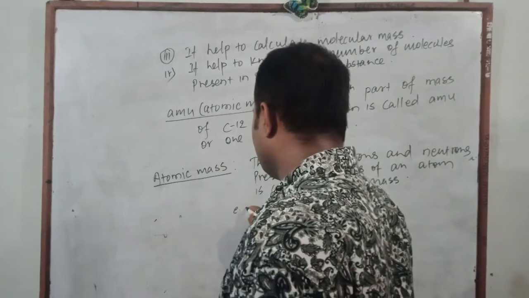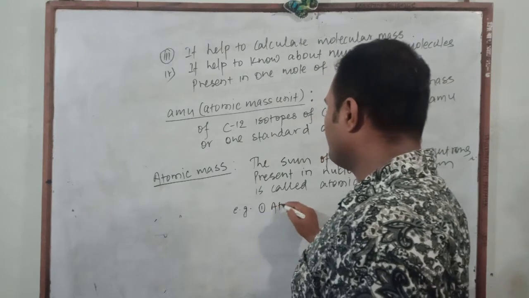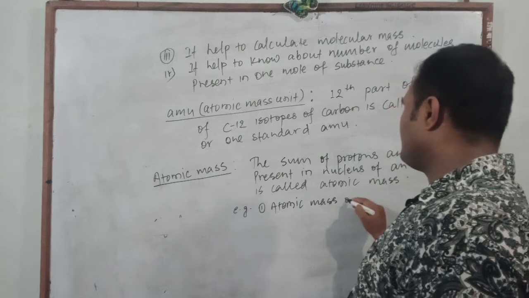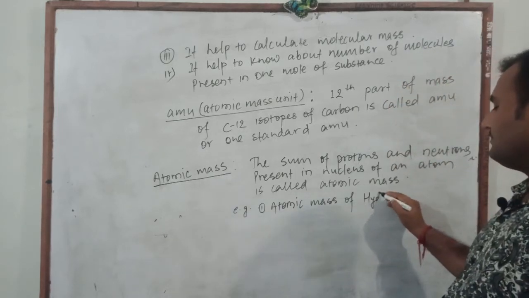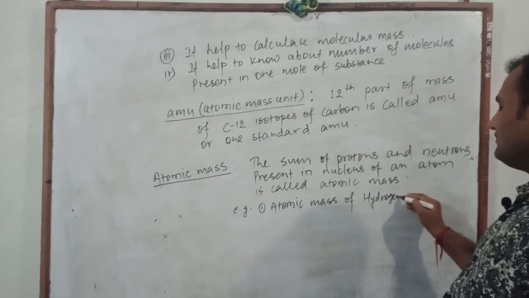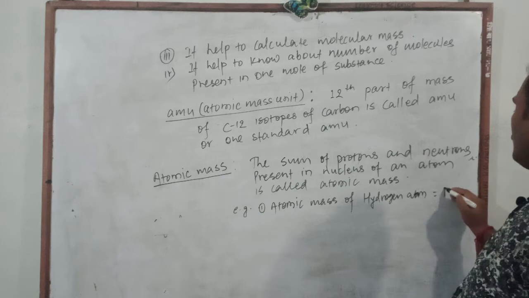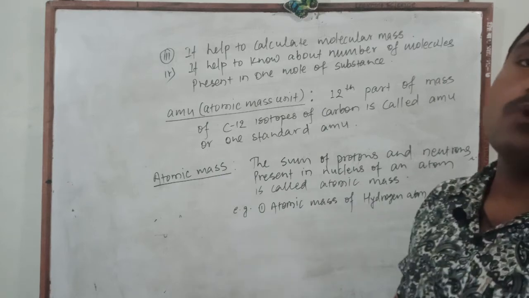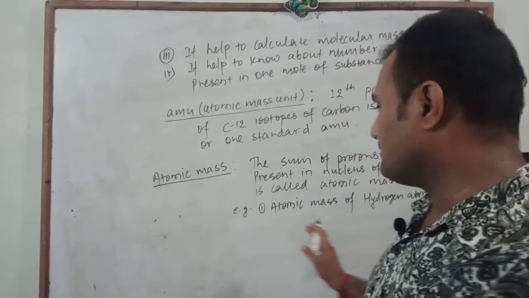As for example, atomic mass of hydrogen atom is 1 AMU because it has only one proton in its nucleus, having no neutron.